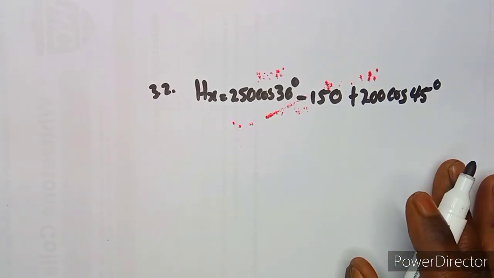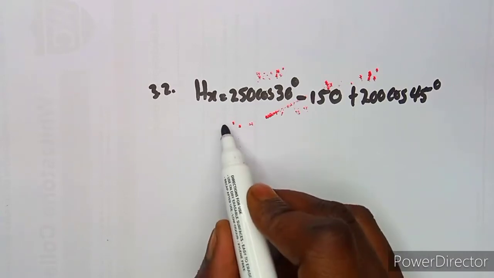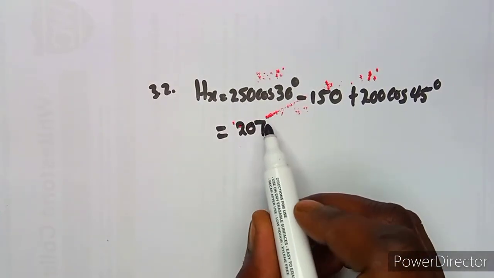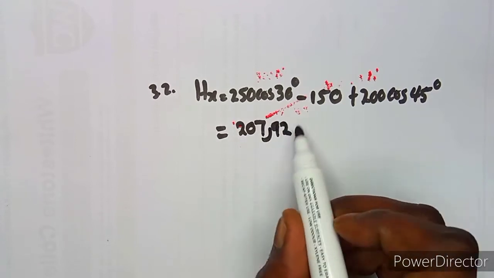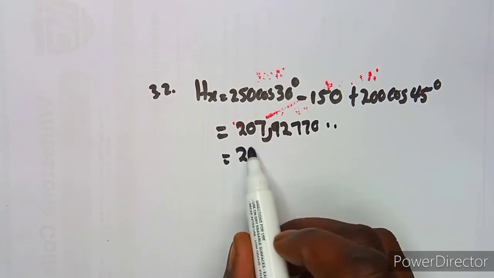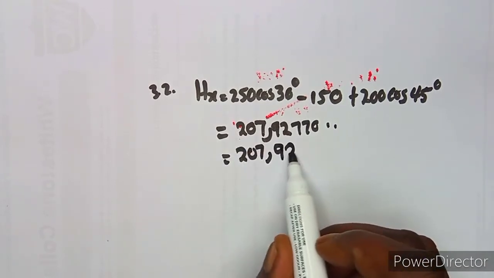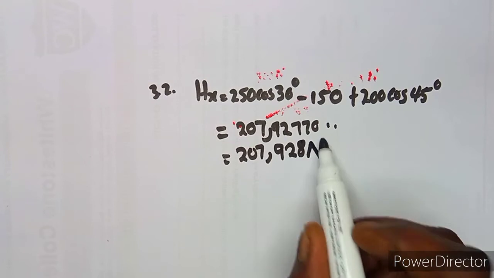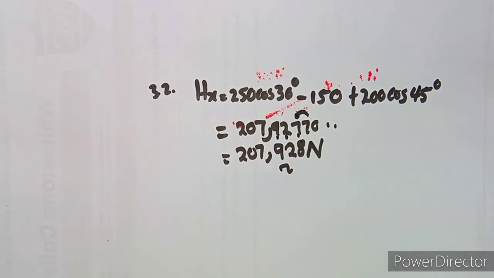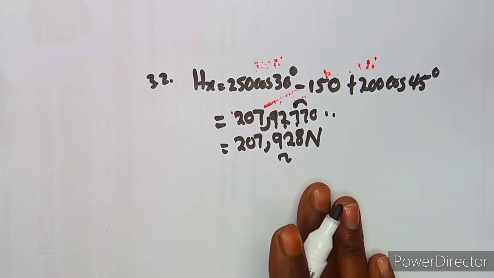If you use your calculator properly to simplify this, you're going to obtain 207.9277 something like that, which is going to give us 207.928 newtons, to 3 decimal places: 1, 2, 3. The 7 is going to change to 8. So that is your horizontal component.